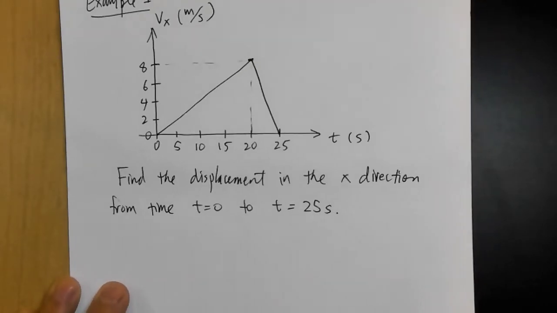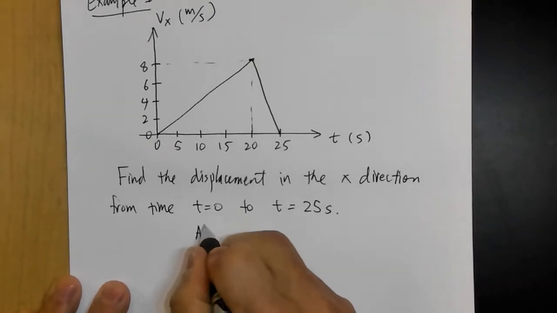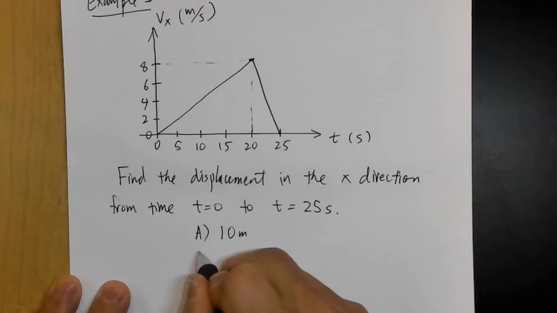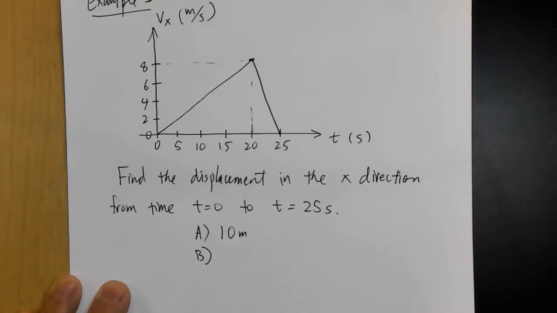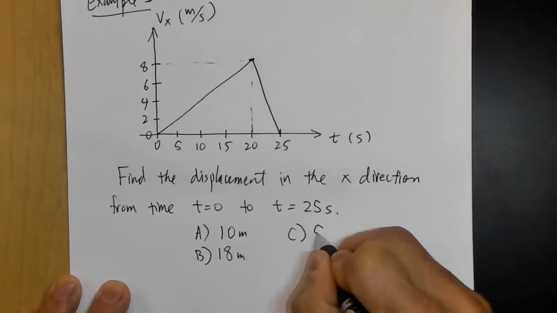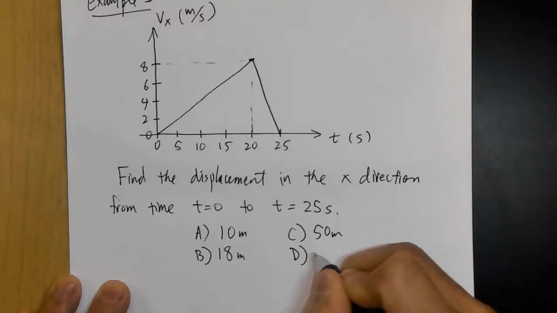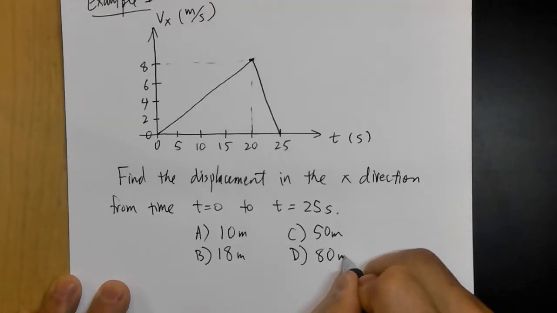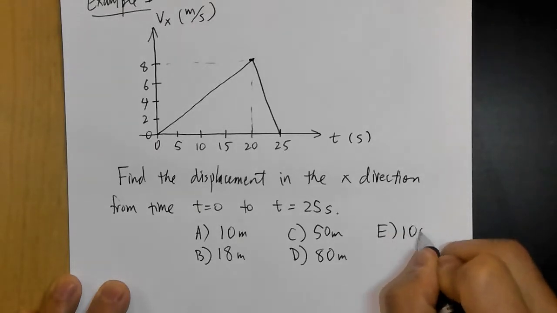Okay, the whole time interval. And let's say A is 10 meters, B will be 18 meters, C is 50 meters, D is 80 meters, and E will be 100 meters.